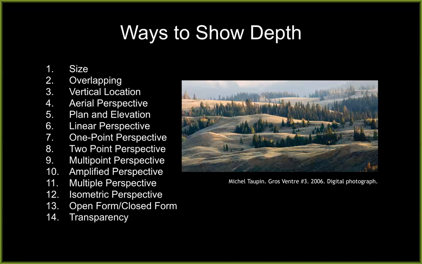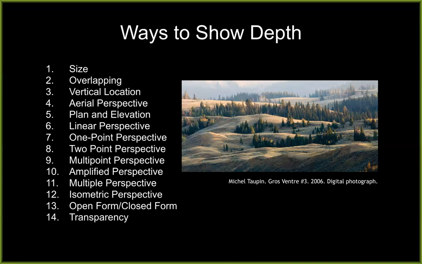Here we have a photograph. So it's not only things that you create yourself, but it can be how you compose or crop a photograph. And I'm sure that some of you already know what's going on in this photograph. We have a very good example of changing of size of objects as they get farther away from us.